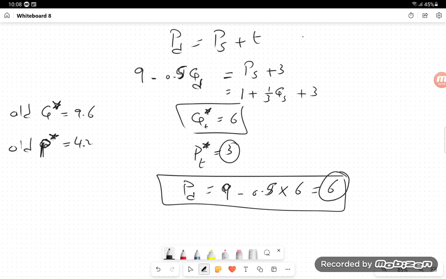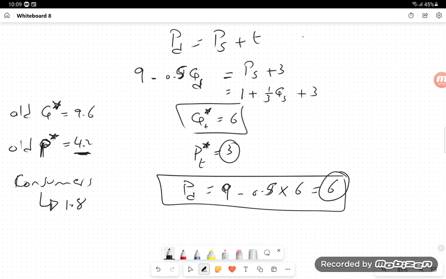If you would like to identify who pays this tax, the demand price goes from 4.2 to 6. So consumers are going to pay 1.8 of the value of the taxes.